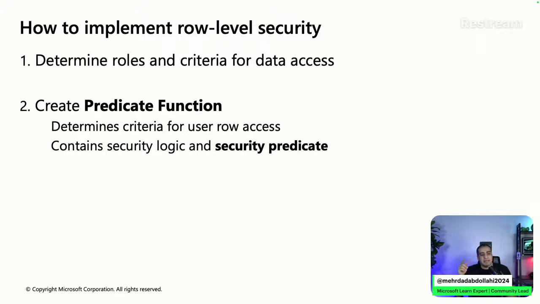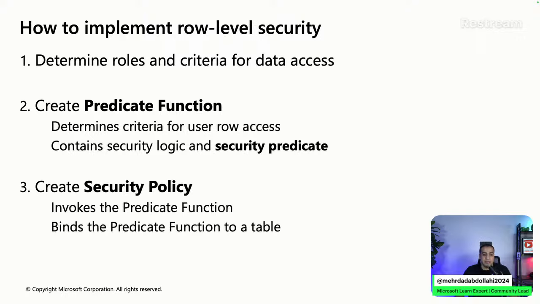You need to create, actually, the row level security comes with two components in a warehouse. One is the predicate function. You need to create a function that is determining the criteria for user row access, which is containing security logic and security predicate.